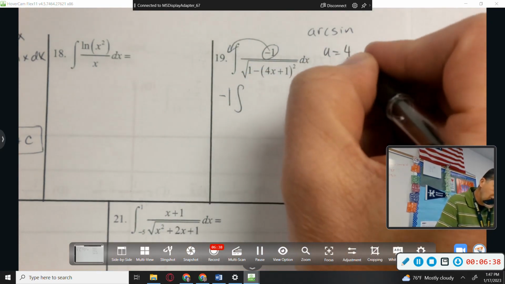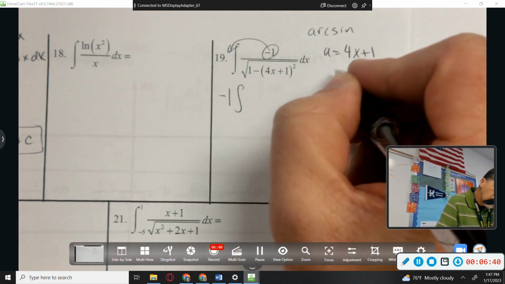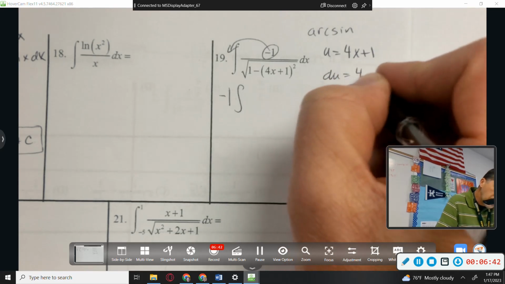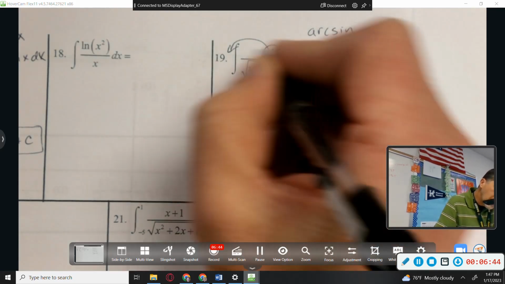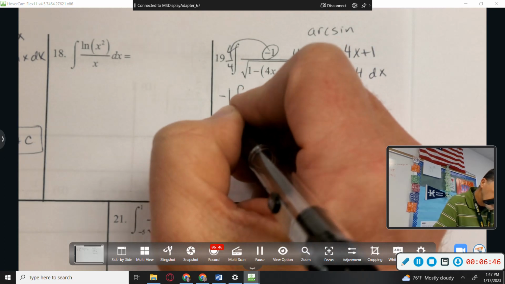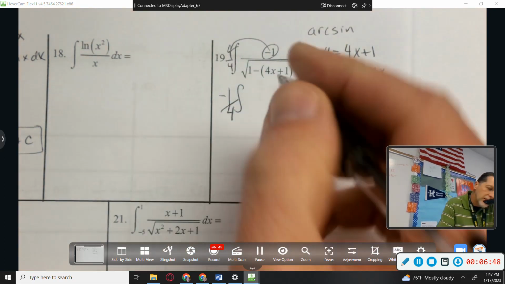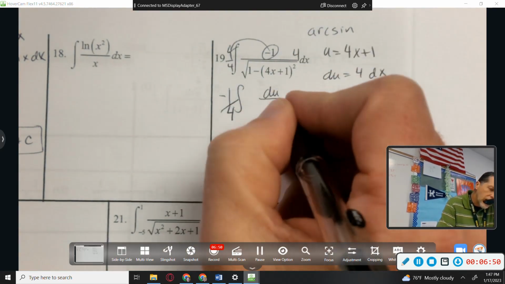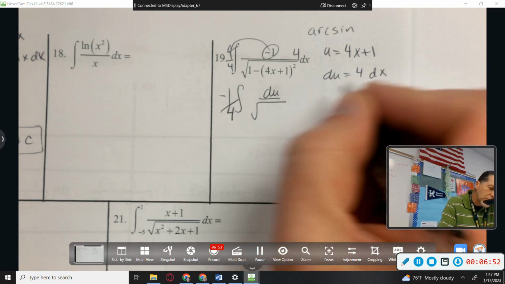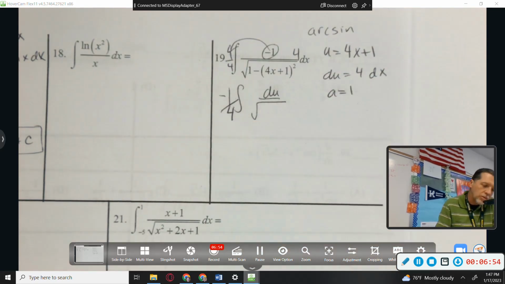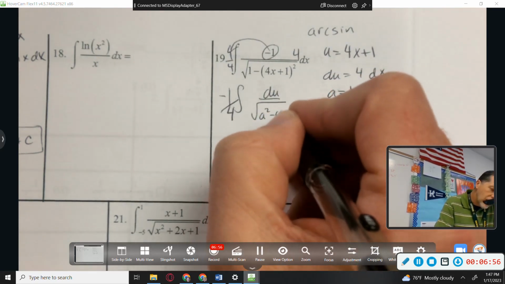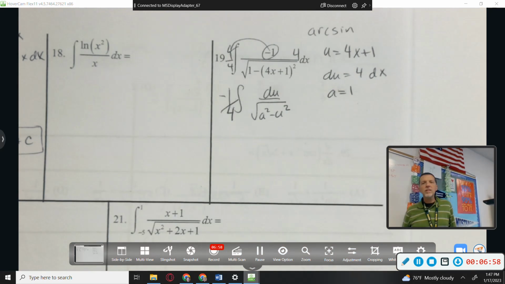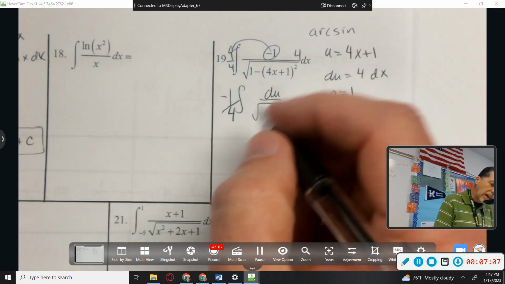And then let's let u be 4x plus 1. du is 4 dx, 4 and 1/4. And now it definitely looks, especially if I'll just take the time to say a equals 1, that is arc sine. But we had to recognize that sort of before we got started to know which path to take.